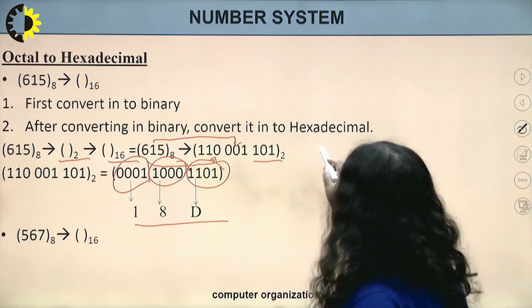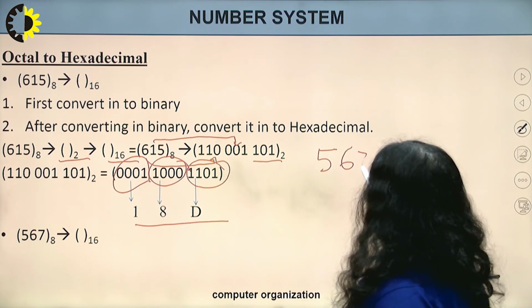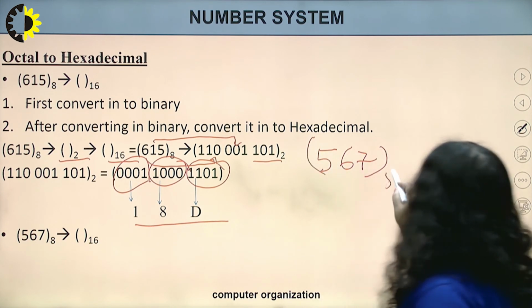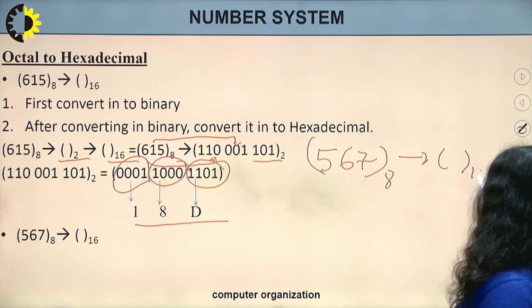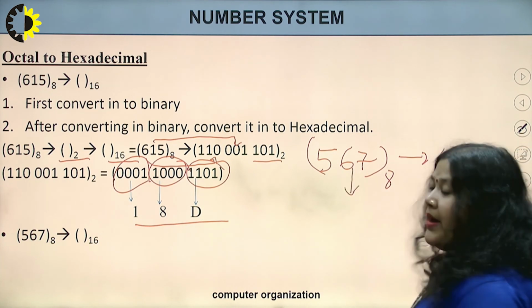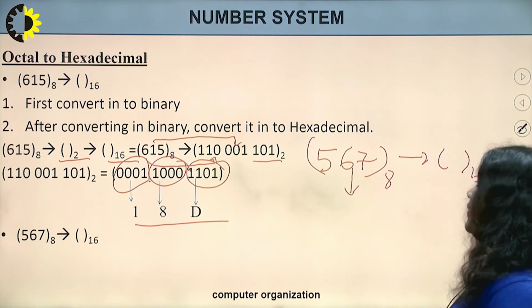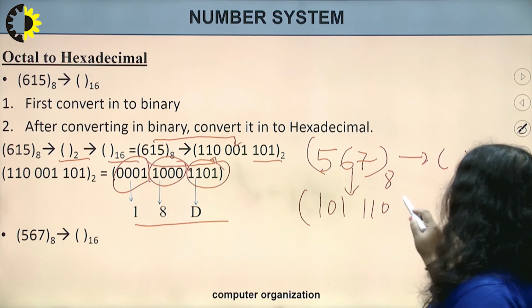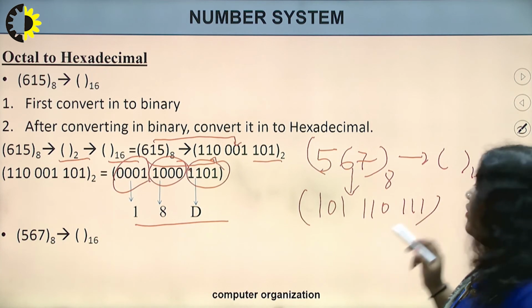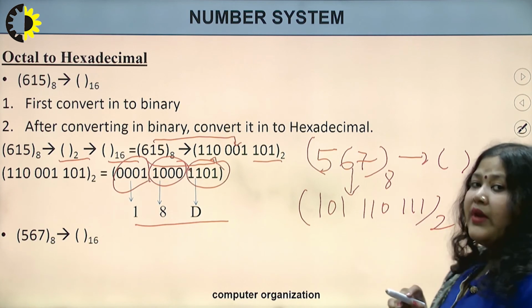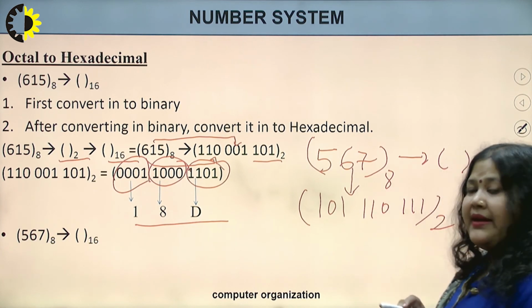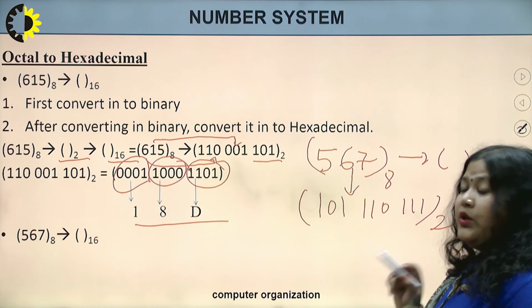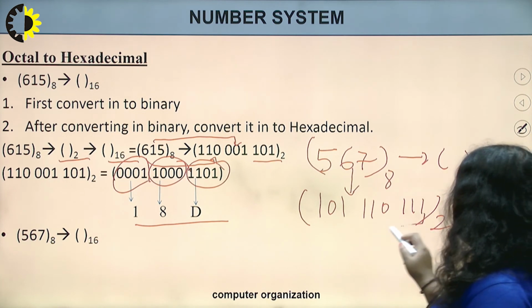Let's take the second example, that is 567 base 8 converted to base 16. First we convert this number into binary form with the grouping of 3 bits. So it is basically 101, 110, 111. This is the conversion of octal to binary. Now when we convert the number from binary to hexadecimal, we use the 4-bit grouping.